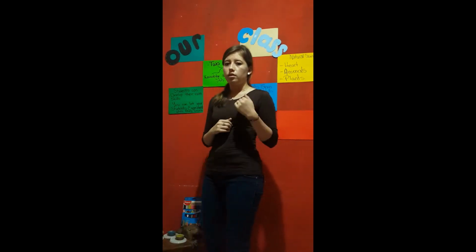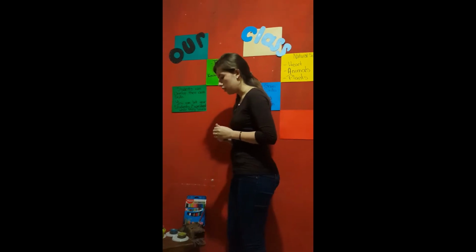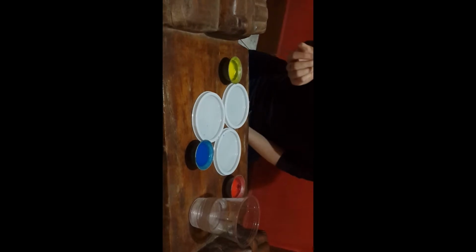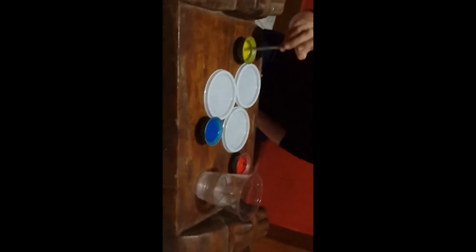Also, if you want to teach them art, you can show some colors and show them the primary colors, which are blue, red, and yellow. That's the way you're already telling them some colors, the names of the colors. And now we can mix some of them to make another color.